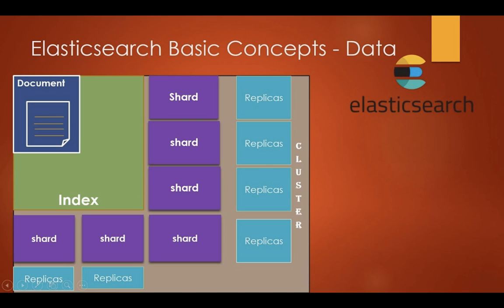Each shard is one Lucene instance. The copy of a shard is present in replicas. An index is a combination of multiple shards, and a document is the entity which you want to insert and search.